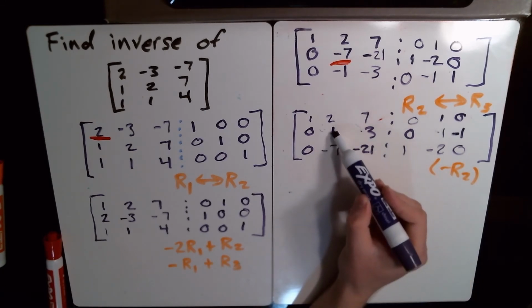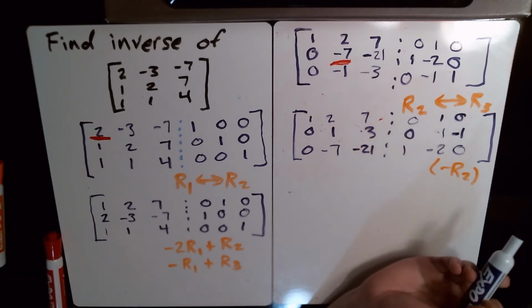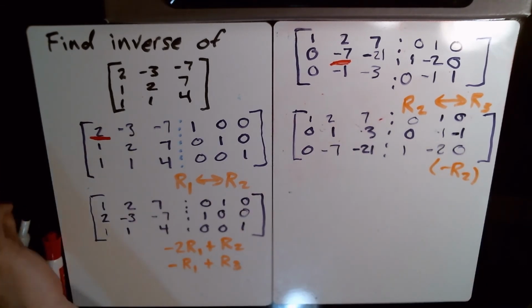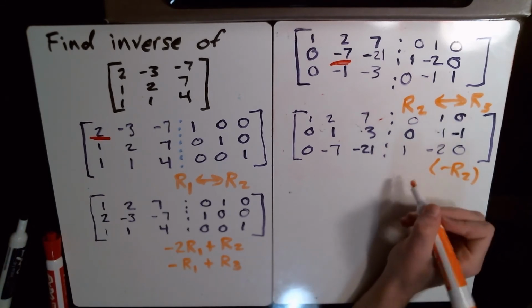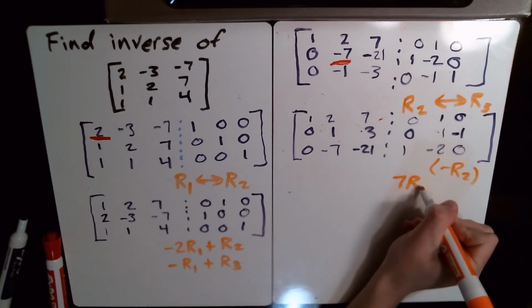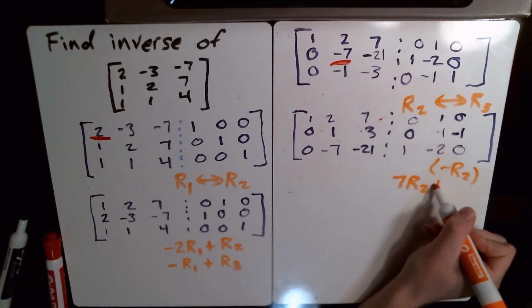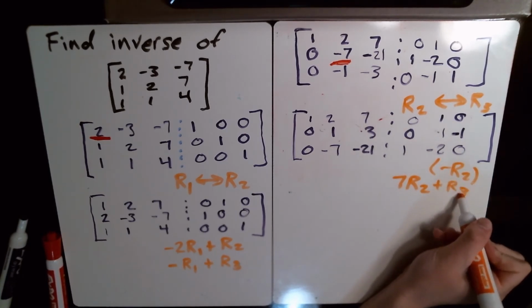So I want to do what times 1 will give me 7? Well, I'm going to do 7 times the second row and add to the third row. So 7 times the second row plus the third row.